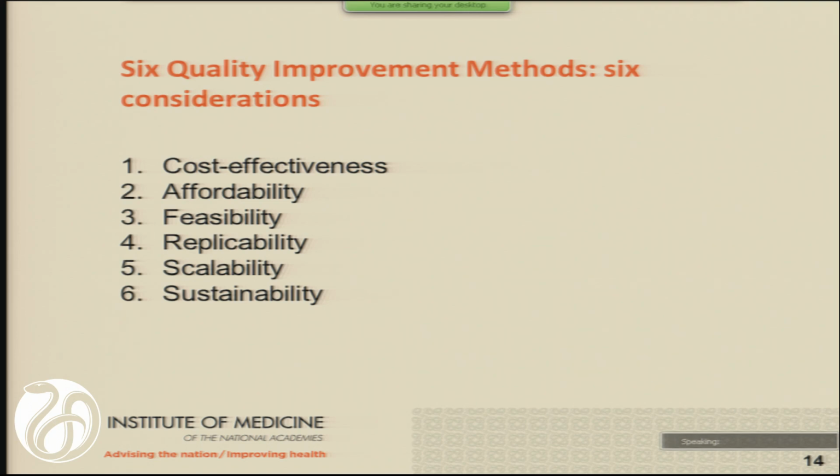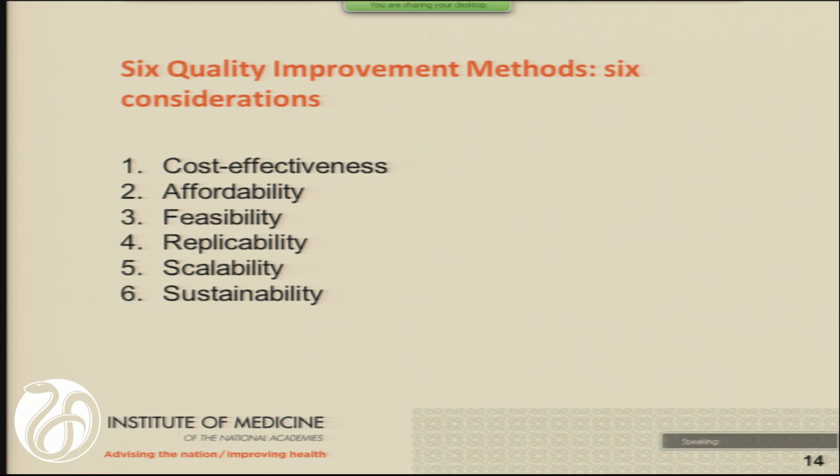And linked to this is the fifth consideration, which is scalability. Can we replicate, but also move to scale in a particular setting? And sixth is sustainability. Once these approaches have been introduced into a particular setting, can they be institutionalized, to the extent that once the external support and external facilitation taper over time, this institutionalization can ensure sustainability?